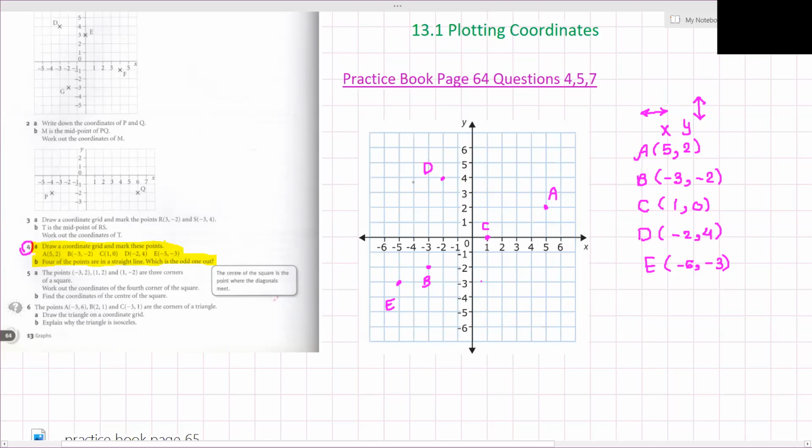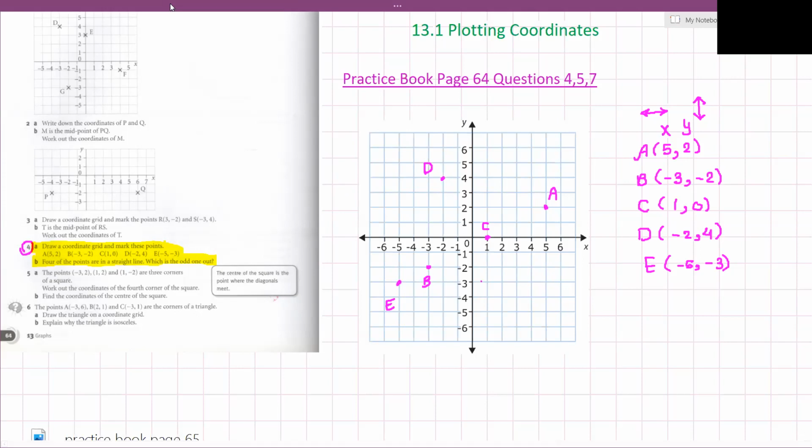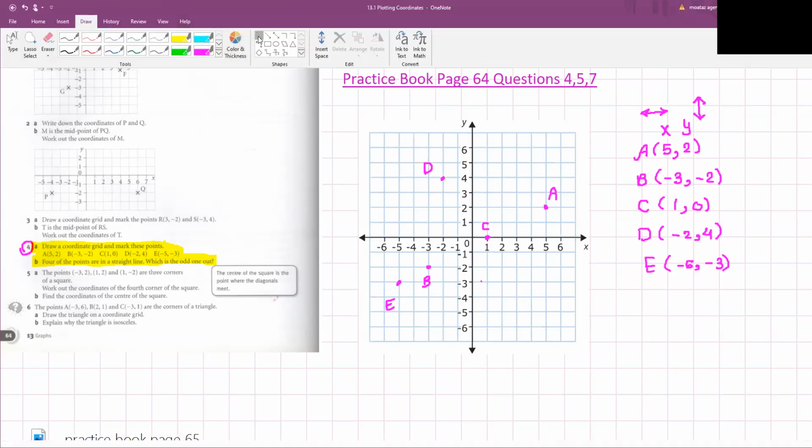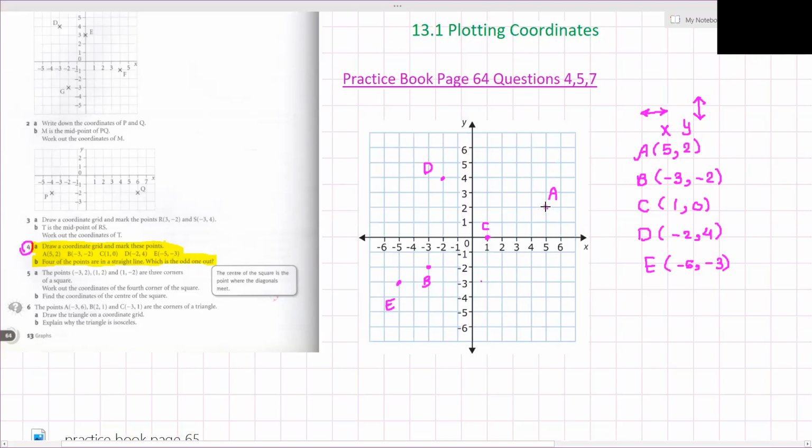It's obvious that D is out, but we will draw a line to go through these points. Please use a ruler. Yes, correct. So he said, which is the odd one out? So of course, we will write point D is the odd one out.